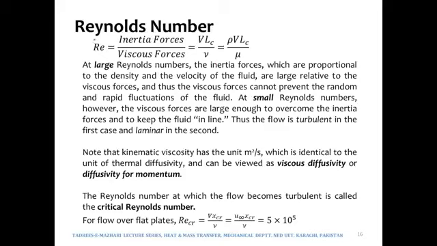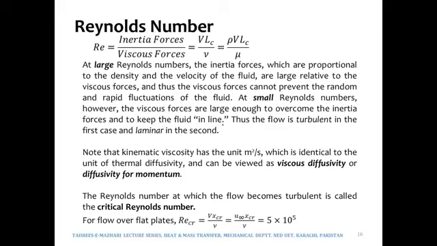Now if the Reynolds number is small, that shows that the inertia forces are less, and the fluid is flowing at lower velocity. At small numbers, as you can see, the viscous forces are large enough to overcome the inertia forces and to keep the fluid in line.